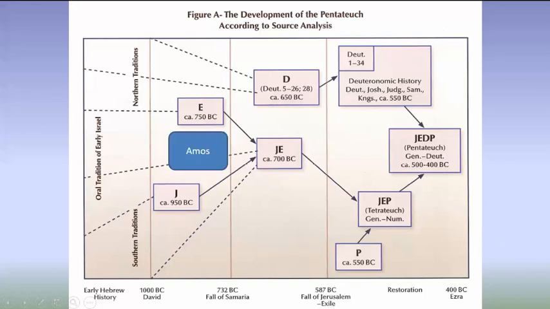But parallel to the so-called documentary hypothesis, when you have active authors, not Moses, writing these sources, you have other examples of biblical authors writing their material down, like the writing prophets. For example, the prophet Amos.